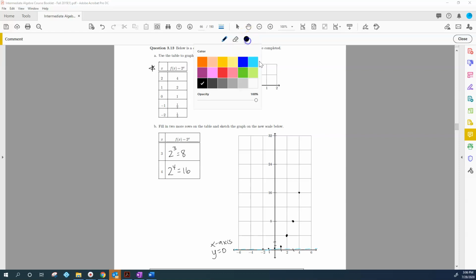Then let me connect these dots together so we can see what it looks like. It's getting really close down there, but it's never going to touch, and then it just takes off, going up and out forever. That should look a little more smooth than I have it. Then I'm going to put an arrow going in both directions.